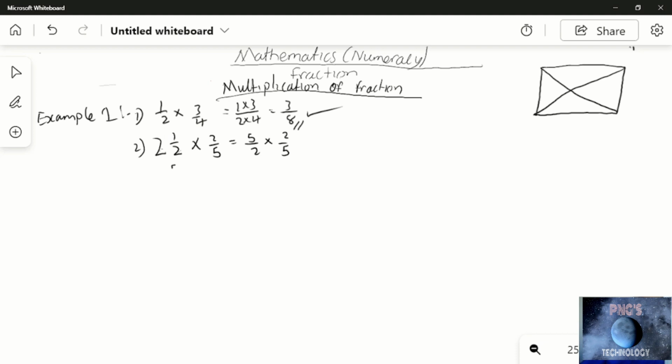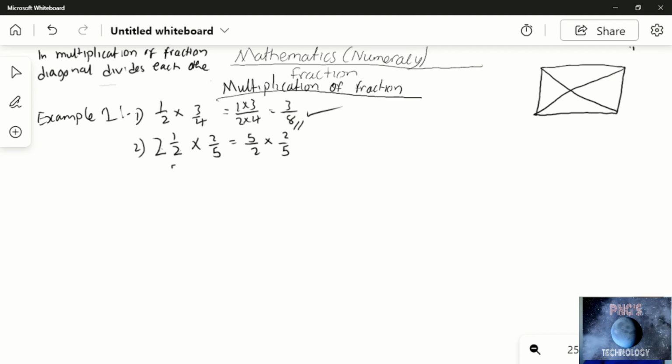So in multiplication of fractions, diagonals divide each other.